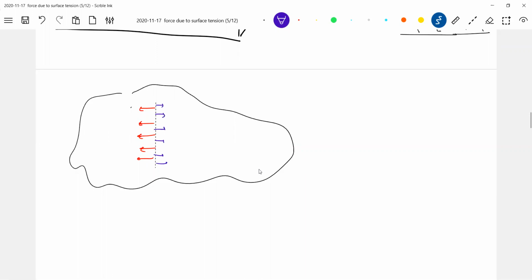I should show many arrows, but I'm showing only a few. And what is PQ? PQ is an imaginary line. And this is the surface area. This is layer 1. This is layer 2.